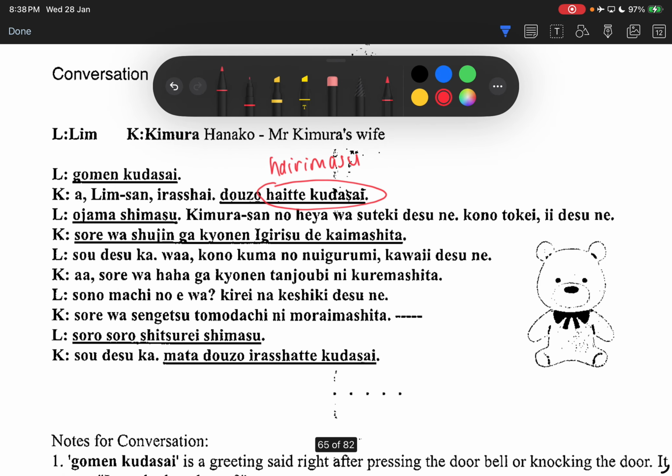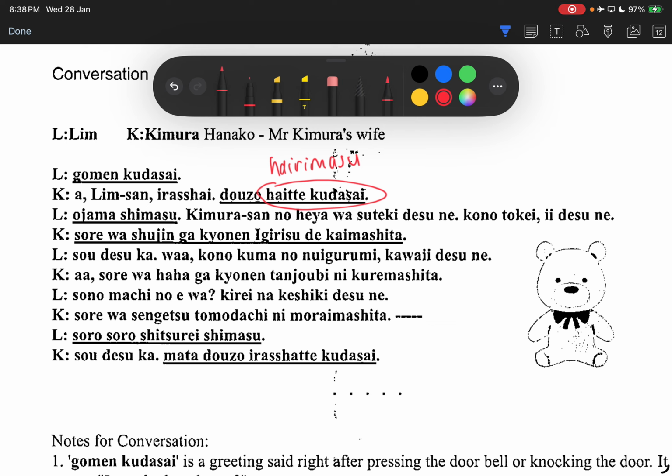K replies, それは主人が去年イギリスで買いました。So それは, that is. 主人が, so 主人 is husband. So you can see the wa and ga. それ is referring to the 時計. So 時計は, the whole subject will be the clock. 主人が, the secondary subject is the husband.